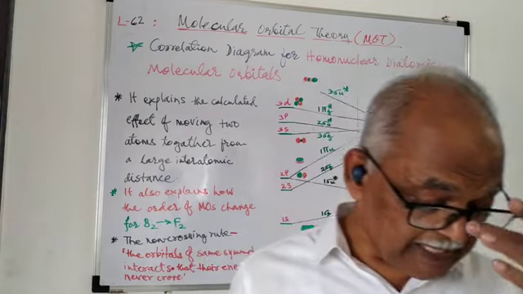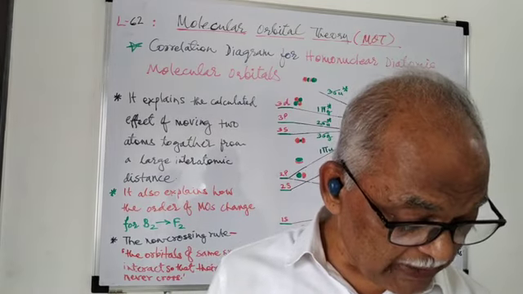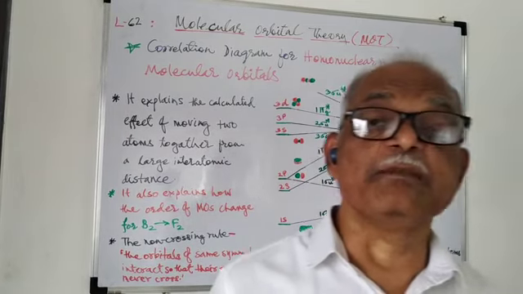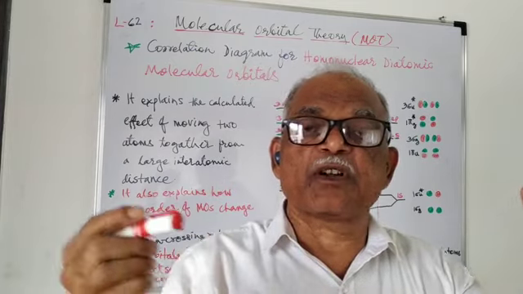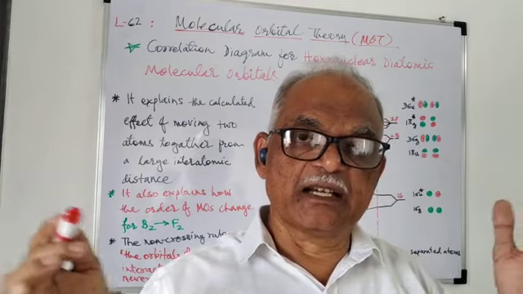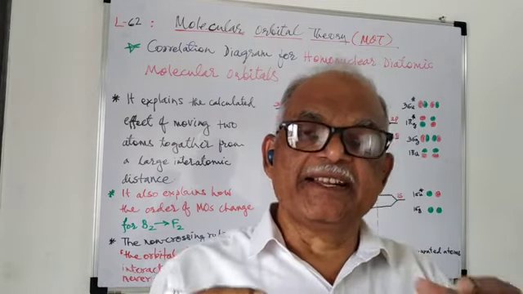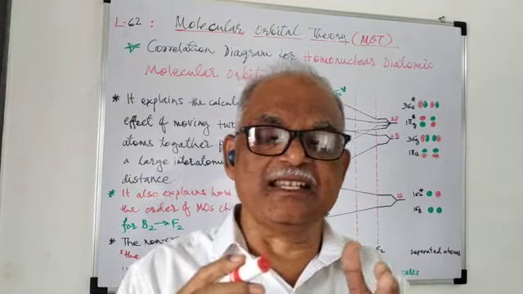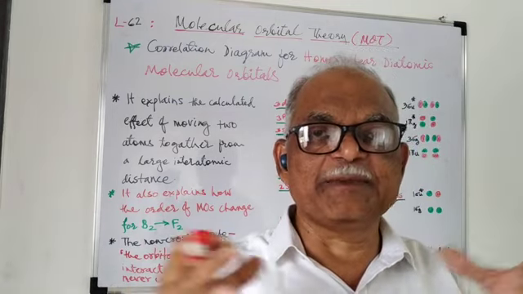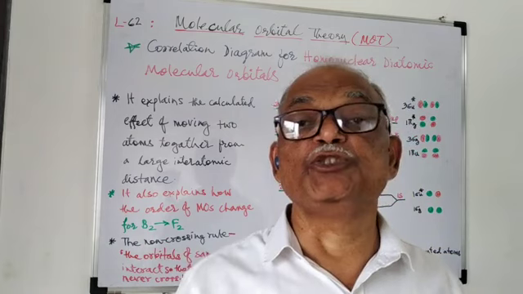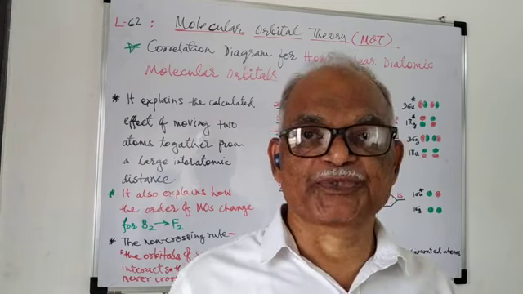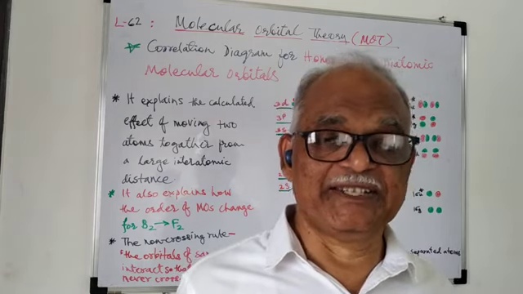In this molecular orbital diagram, we are observing the mixing of orbitals of the same symmetry. When the two atoms come closer and closer from a large interatomic distance, and reach a specific internuclear distance, their atomic orbitals of the same symmetry interact with each other, and depending upon the symmetry they produce the resulting molecular orbitals.